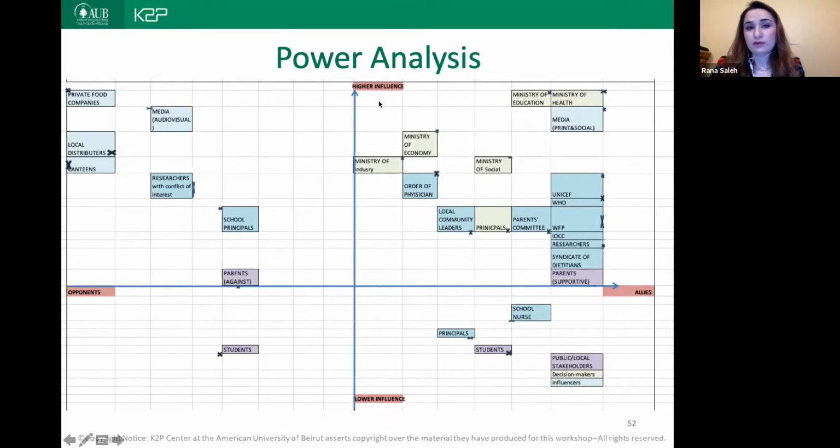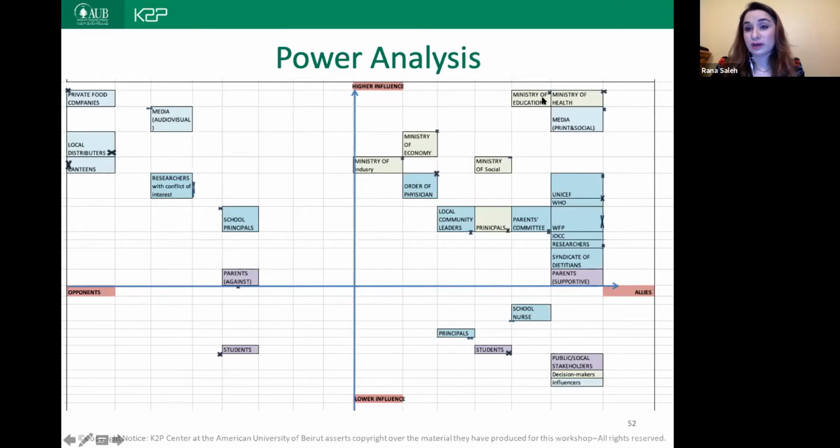For example, for the school part of prevention, you have to have the Ministry of Health and the Ministry of Education. As you can see here, they are the most influential. From media reports and from other interventions that we know these two ministries are working on, we know they have a lot of interventions in schools.